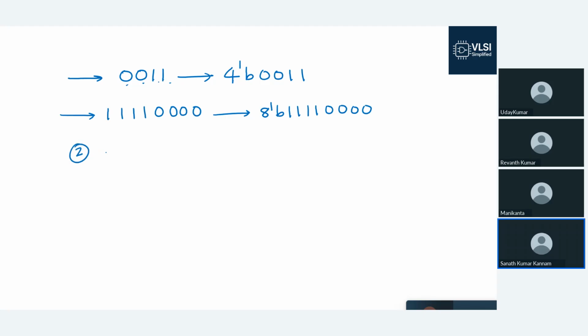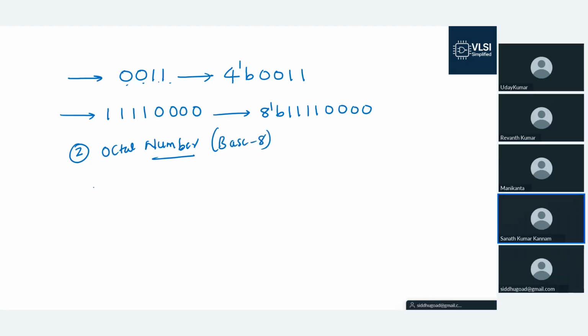Second, the octal number, which has base 8. Suppose the interviewer intentionally gives a value and asks, is this an octal number? It is not, because the range of octal is 0 to 7 only.